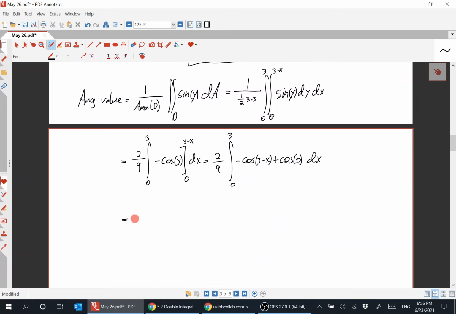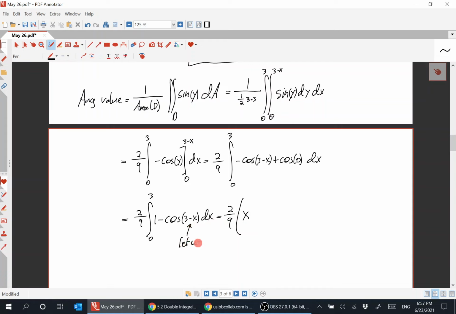Cleaning up that expression, 2/9, integral from 0 to 3, 1 minus cosine 3 minus x dx. All right, antiderivative of 1 is x, and the antiderivative of cosine 3 minus x. Well, the antiderivative of cosine is sine. I mean, you really have to use a u substitution here, right?